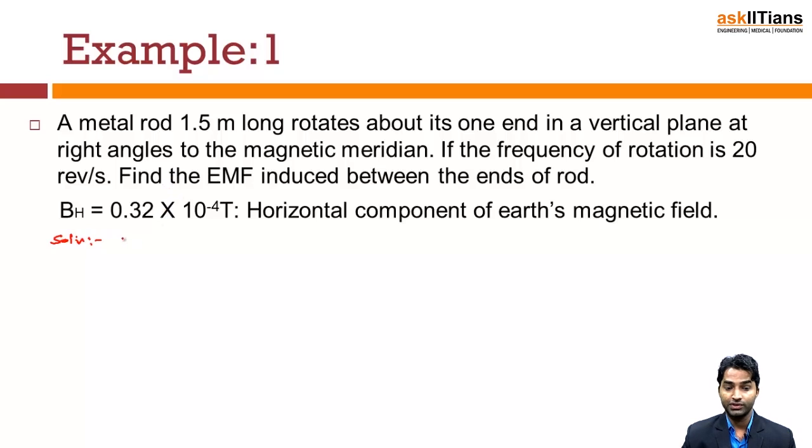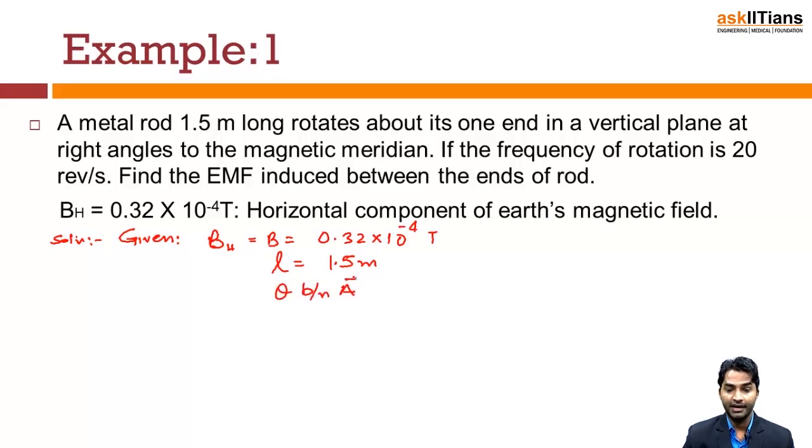First of all we will note down the given data. The magnetic field strength BH, that is B, is given as 0.32 into 10 to the power minus 4 Tesla. Length of the rod L is equal to 1.5 meter. It rotates about one end in a vertical plane at right angles to the magnetic meridian, which means the angle between the area vector and magnetic field vector is 0 degrees.